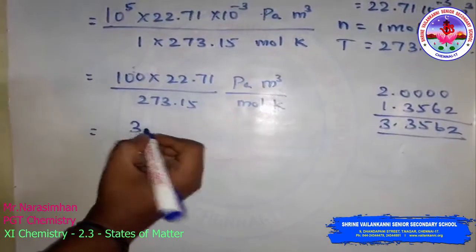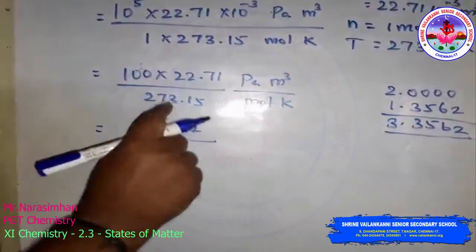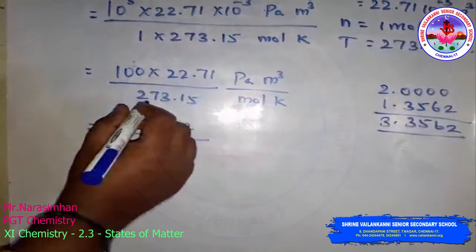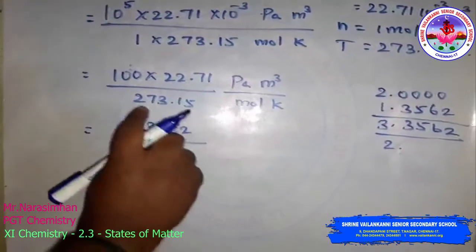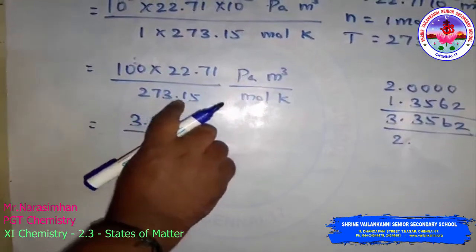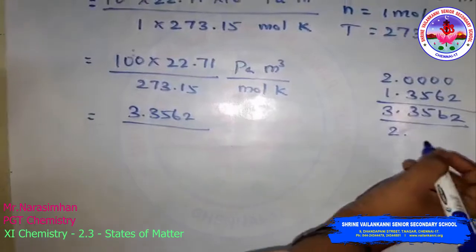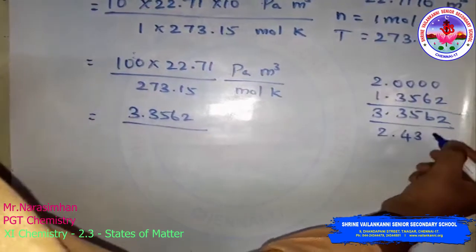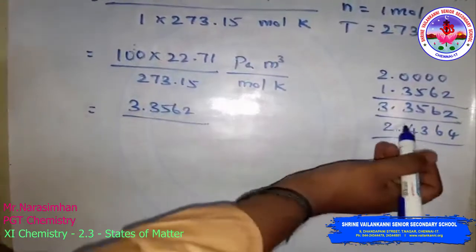So 3.3562 divided by 273. Here the characteristic is 3 digits, so 3 minus 1 is 2. For 27.3, the mean difference is 1, and the value will be 4364. You can look at the log table to find this value.